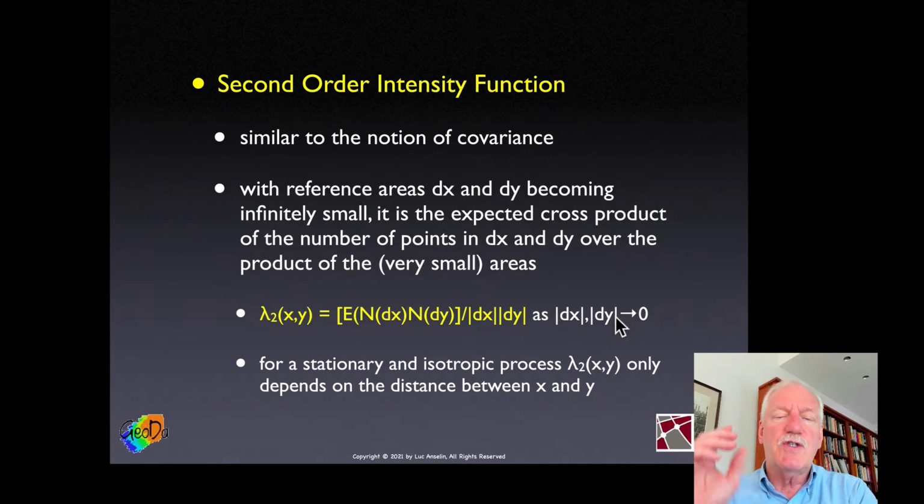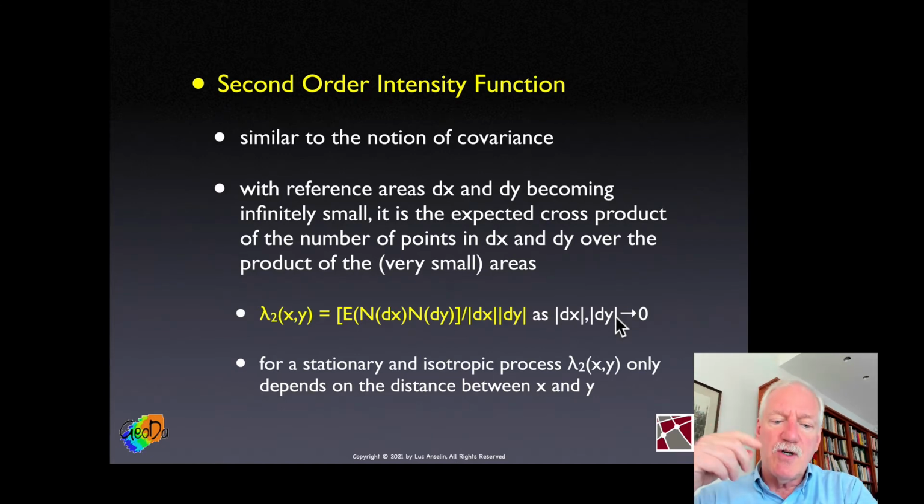So again, this is an abstraction. It measures how many points you can get in common between two areas defined randomly on the space, and then to connect that back to the spatial distribution of the points, we'll connect that particular function to the distance between the two little areas, the dx and the dy.